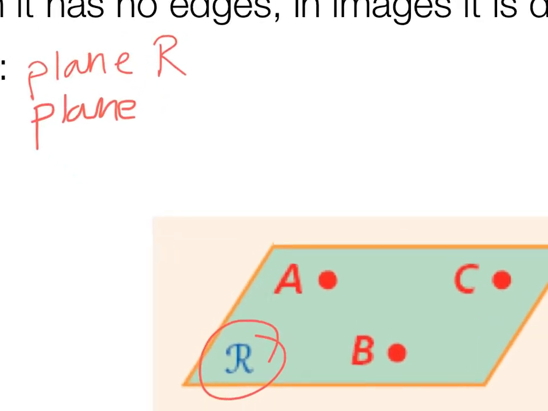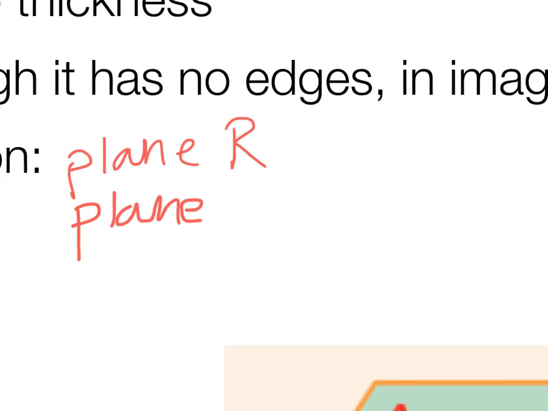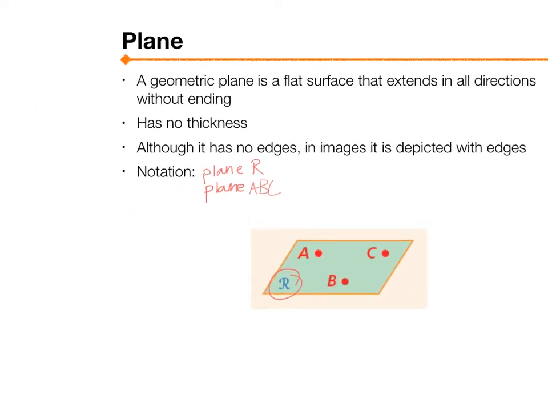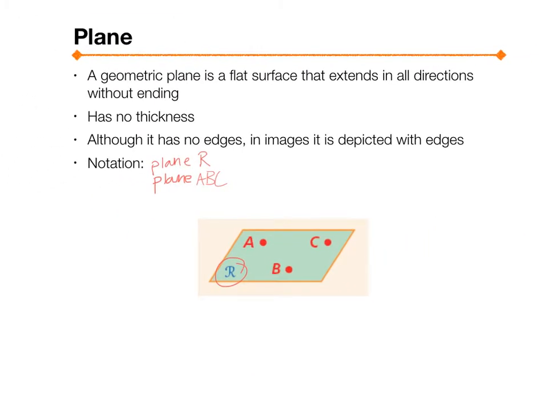So 3 points here, A, B, and C. So we could also call it plane ABC. So it can either be called by a cursive capital letter or 3 points in the plane.